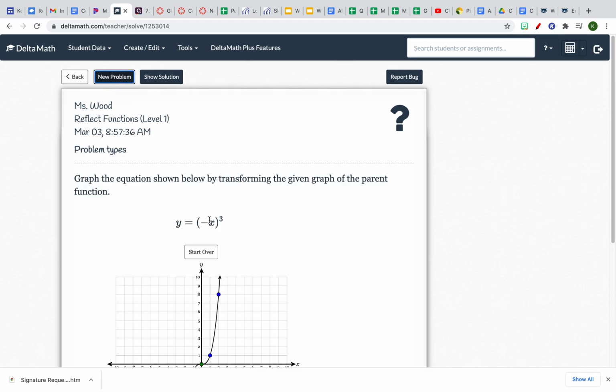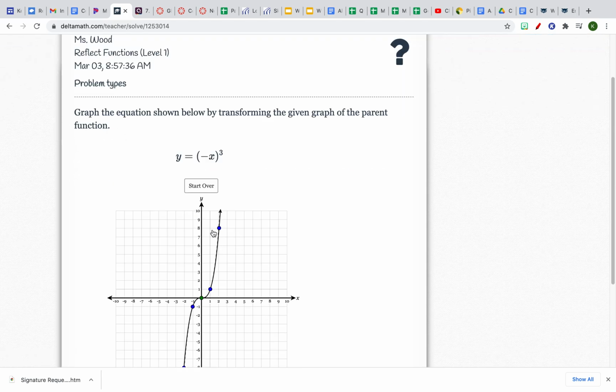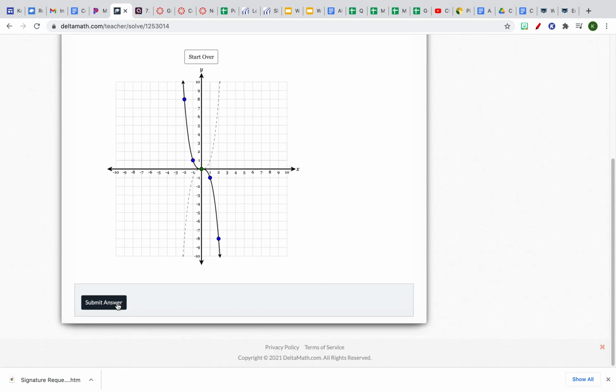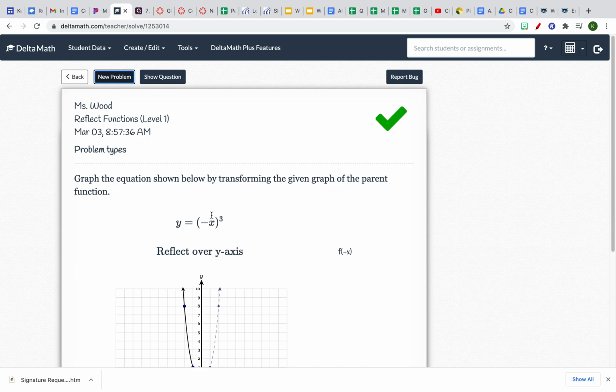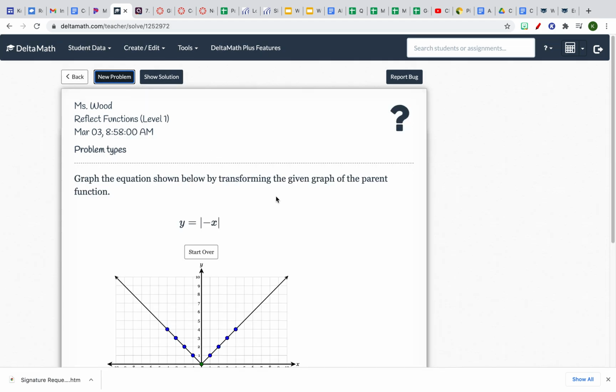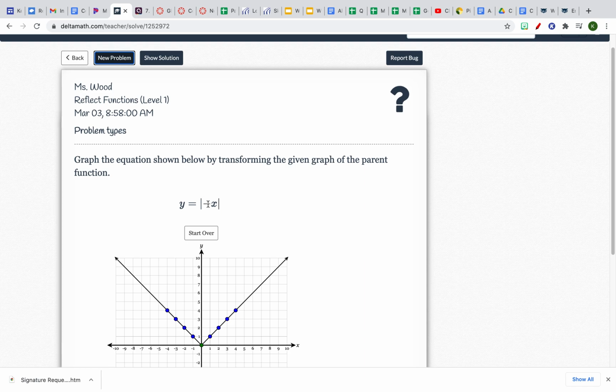This one is with the x, so I'm going to flip it across the y. If there were no parentheses and it were outside, I would flip it over the x. So here, I'm going to flip it over the y.